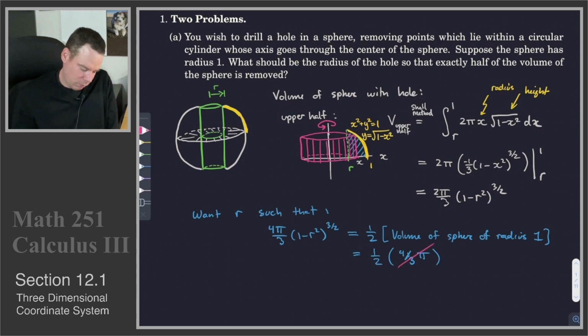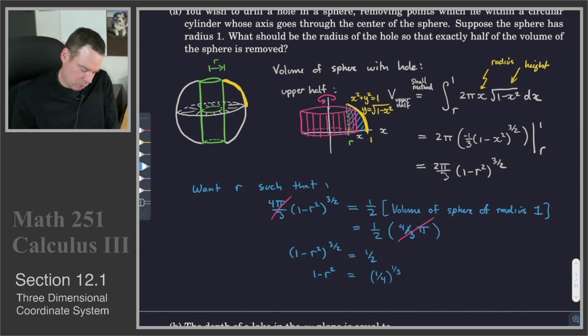Now I can cancel my 4/3 pi from each side, and what I get is 1 minus r squared to the 3/2 is equal to 1/2, or 1 minus r squared. Raise both sides to the power of 2/3. So power of 2/3 means you square and then cubed root. So this becomes a quarter, and then we are taking the cubed root of that, or the power of 1/3.